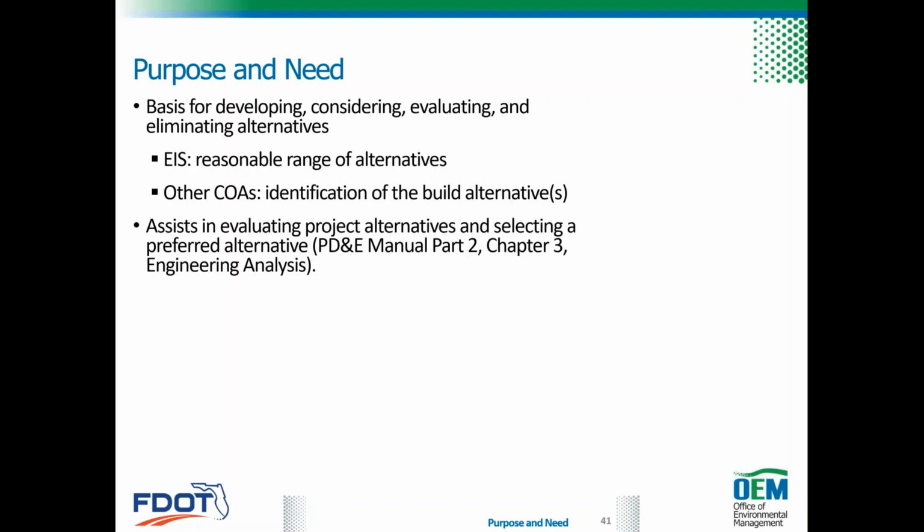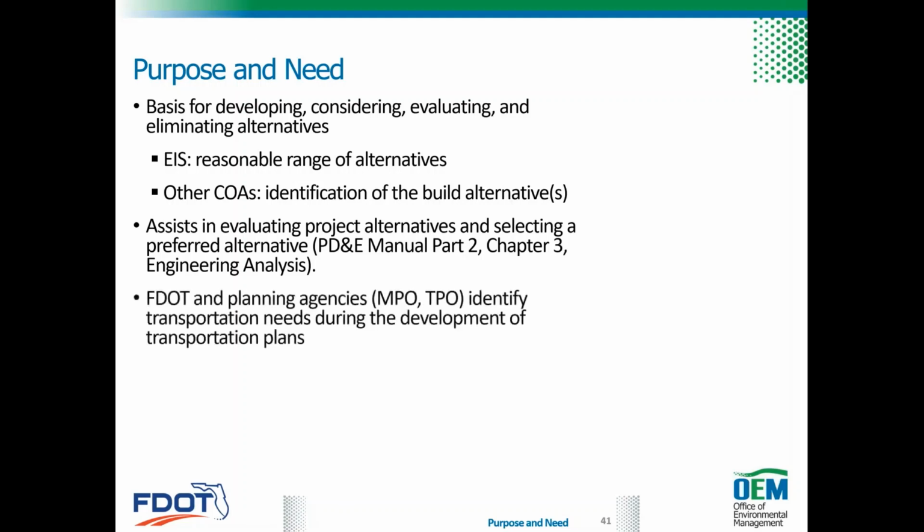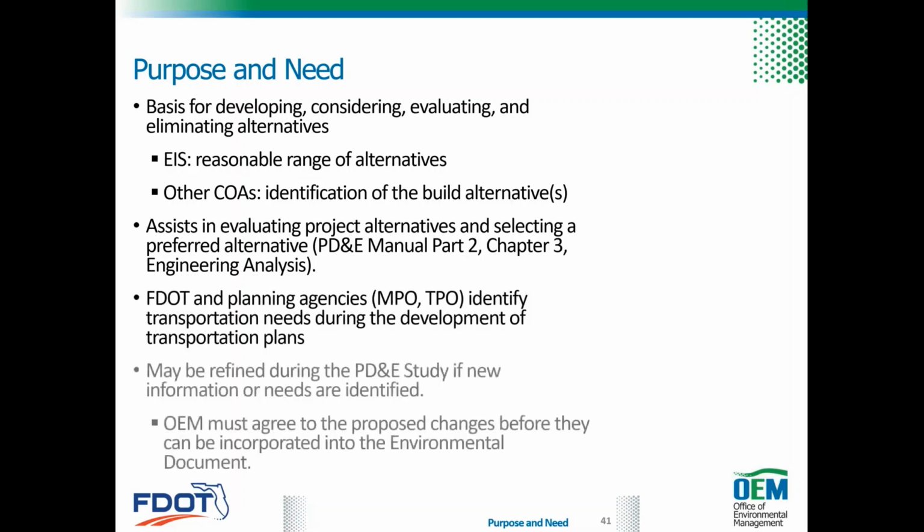The initial purpose and need developed during the planning phase or ETDM screening may be refined during the PD&E study if new information or needs are identified. If the purpose and need changes during the PD&E study, OEM must be made aware of this change, and OEM must agree to the proposed changes before they can be incorporated in the environmental document.